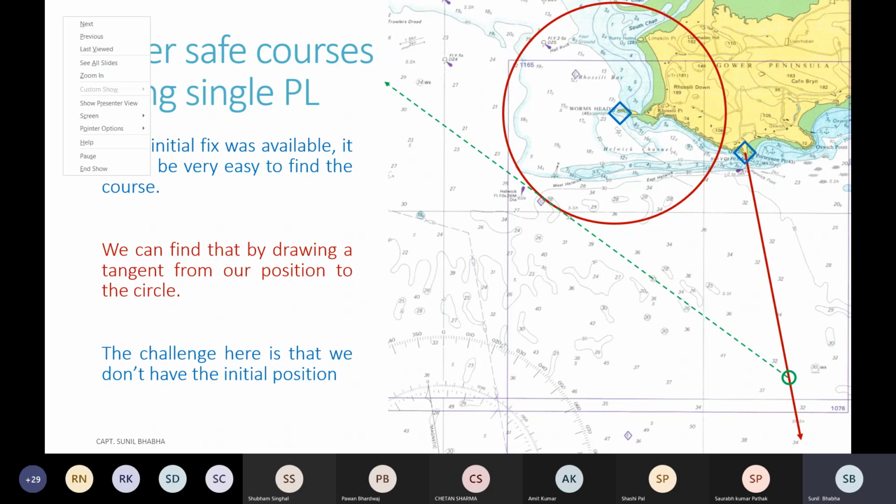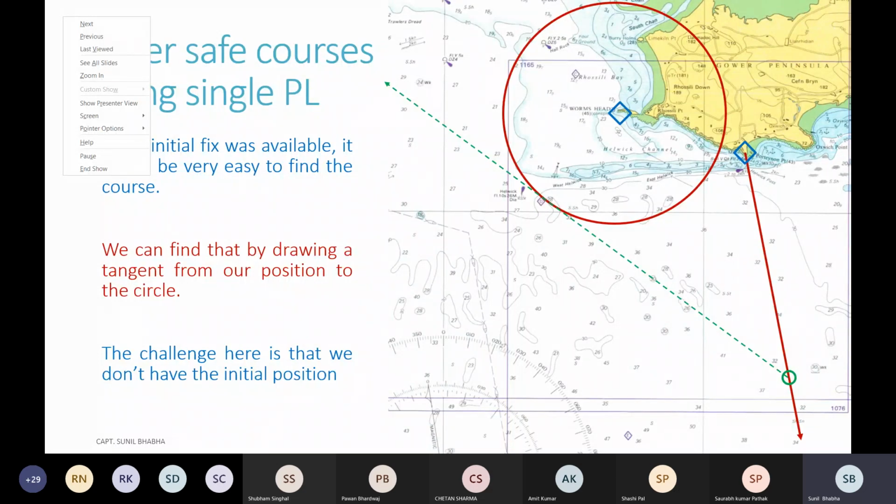What we are aware of is only a position line. Our position can be anywhere on this line. So we need to find a method such that, whatever our position is, anywhere on this particular line, we should always be this much safe distance away from the worm's head point. We need to find such a method.